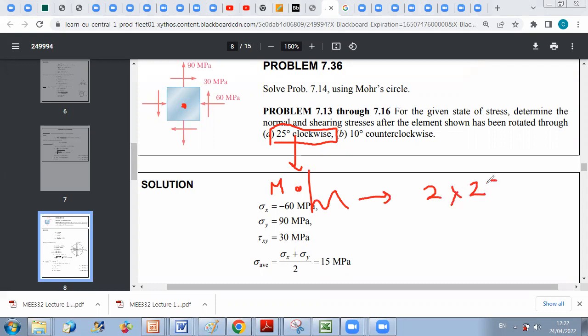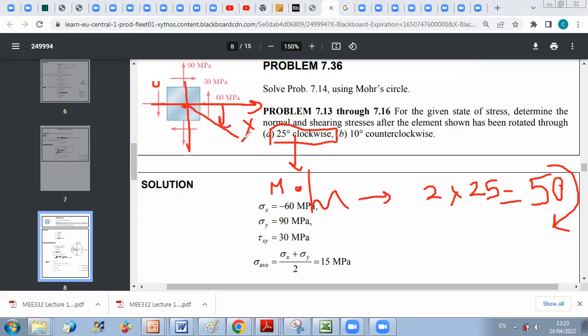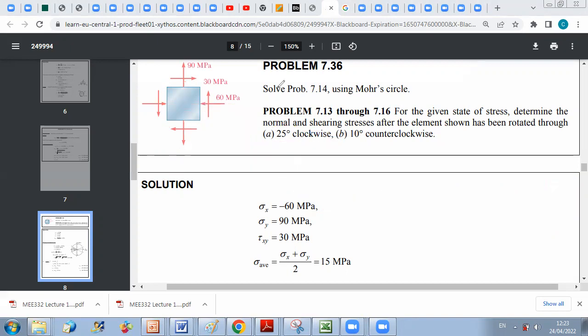So I should rotate 50 degrees clockwise from X. Because here we have the orientation on this figure of reference, X and Y. So if I rotate 25 degrees clockwise here, I get X prime, Y prime. So this is X prime, and this is Y prime. If I rotate here 25 degrees clockwise, as we said, we should rotate 50 degrees clockwise on the Mohr circle.